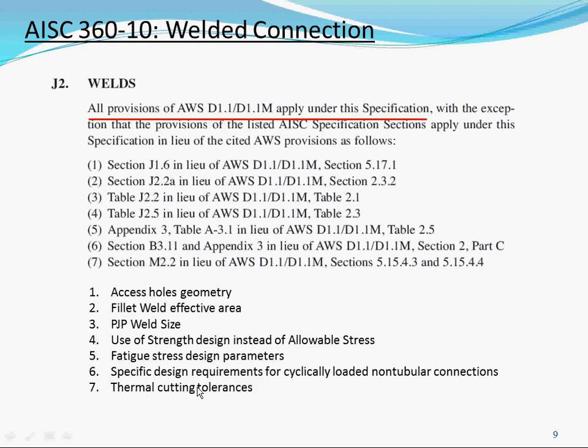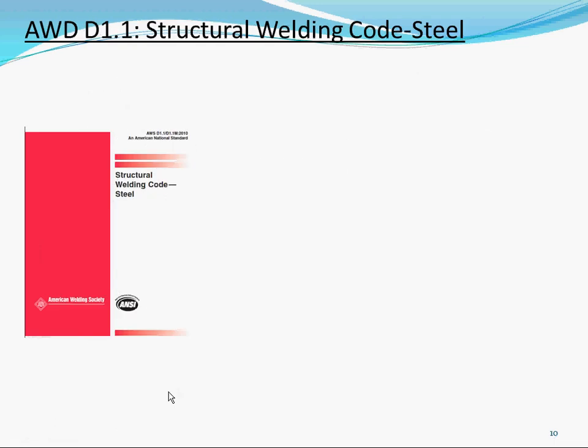And lastly, the thermal cutting tolerance. I believe the AISC one is a little more stringent than AWS D1.1. Depending on what method they use when they cut, like smoothness, they actually made it a little smoother than what the AWS requires.